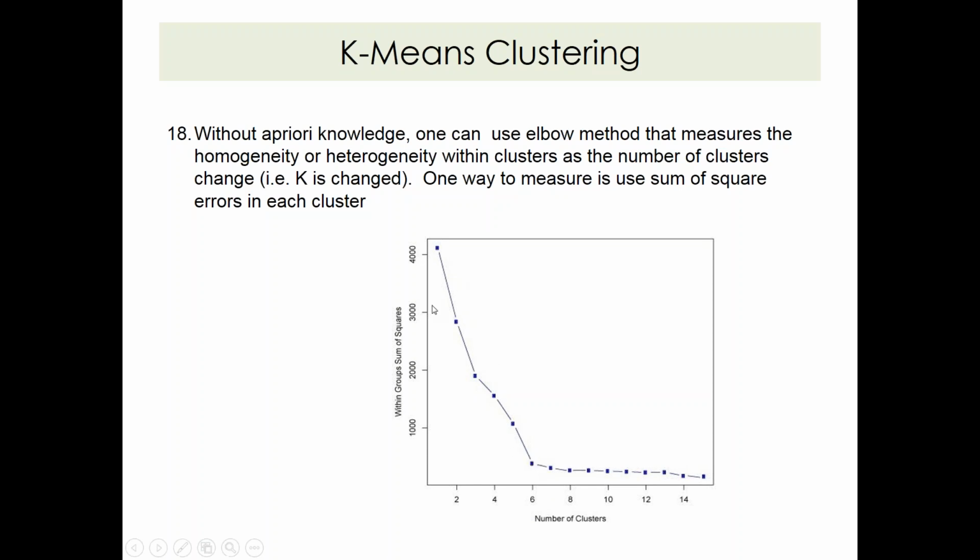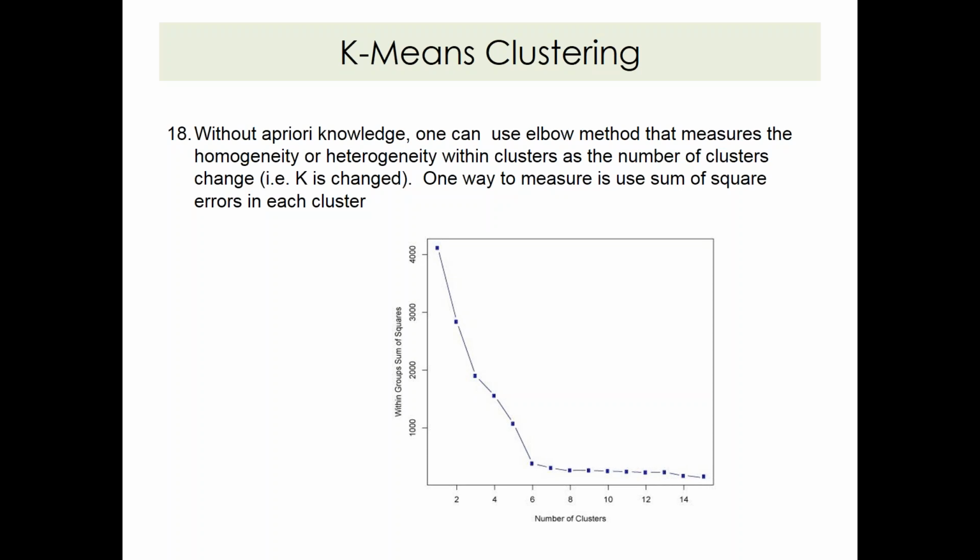If this part is our arm, and this part is above the elbow, then the point at 6 represents the elbow, which is why this method is called the elbow method. So we will say that maybe the best choice for k is 6.